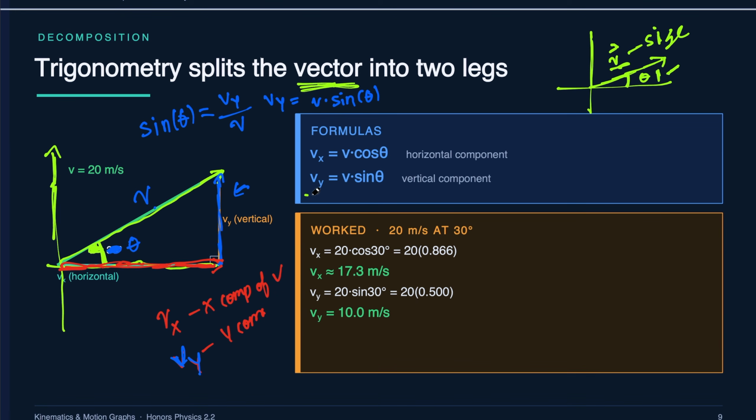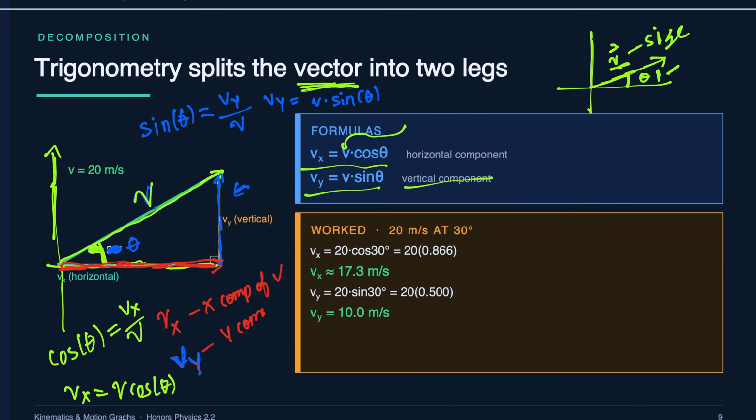Similarly, cosine of theta is going to be adjacent over hypotenuse, or Vx over V. So Vx is going to be equal to V cosine theta.